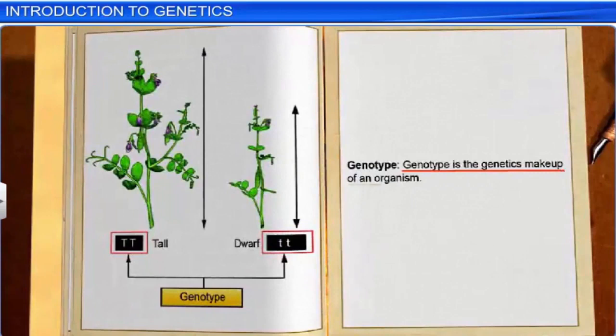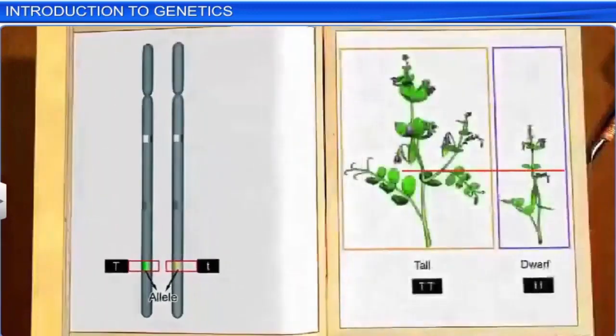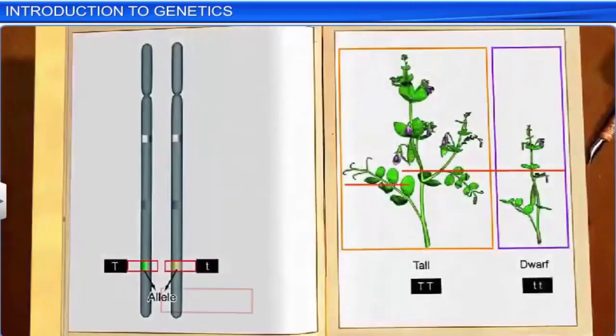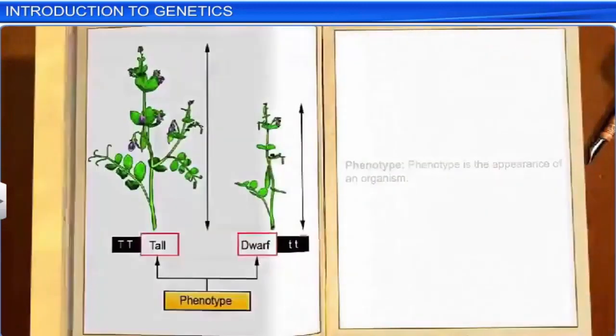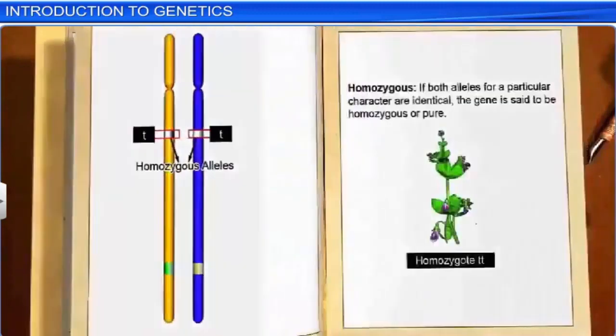The genetic makeup of an organism is designated by the term genotype, while the appearance of the organism is designated by the term phenotype. Also, every organism possesses two alleles for each character.